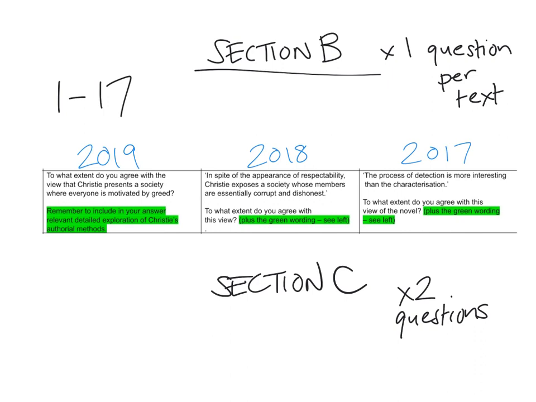The marginal or wider or other characters serve little to no purpose in The Murder of Roger Ackroyd. To what extent do you agree with this view of the novel? Explore the writer's methods. So there's one that I've sort of clumsily created. I'd have to tinker with the wording of that, but that's one, okay? We can go through these, we can write some of these.